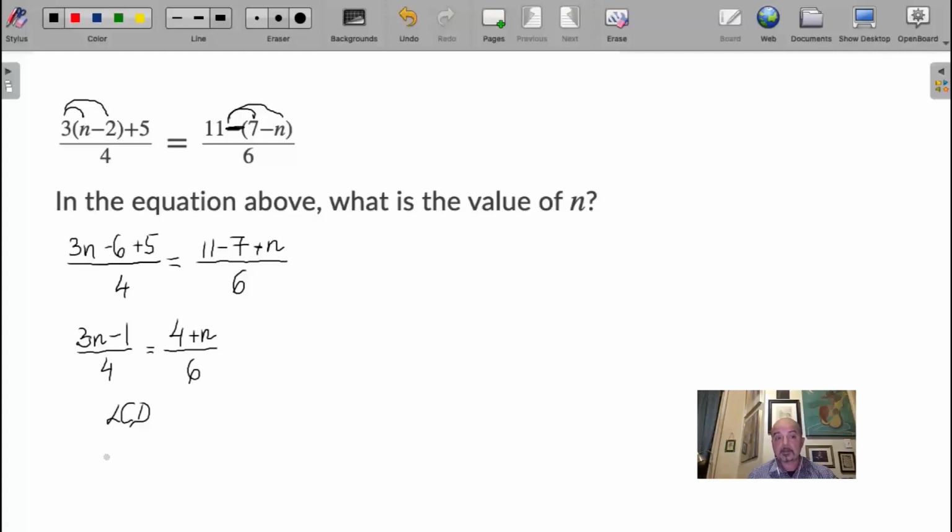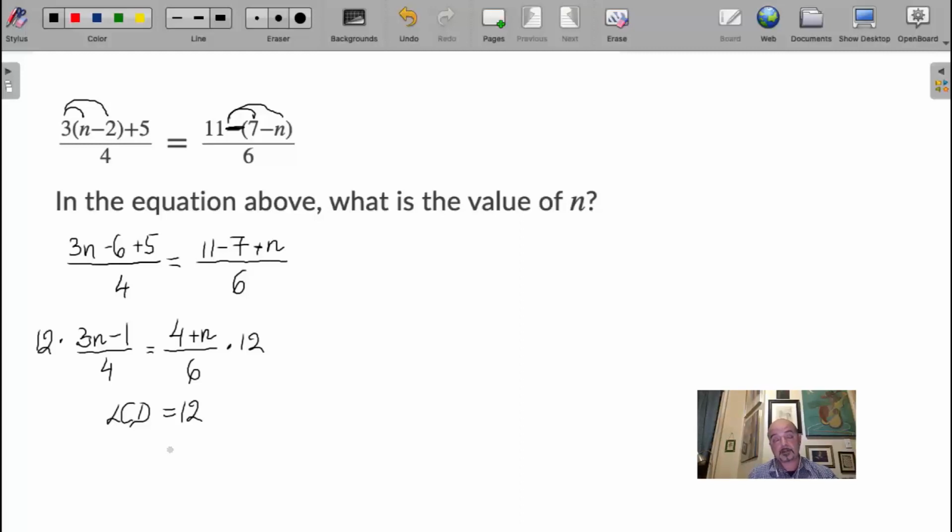In this case, the least common denominator between 4 and 6 is 12. So what I will do is multiply this term by 12 and also multiply the right-hand side term by 12. As you do that, please don't distribute the 12 to the numerators.